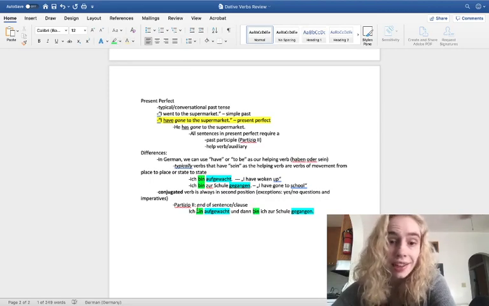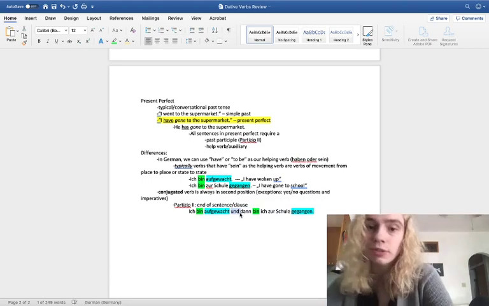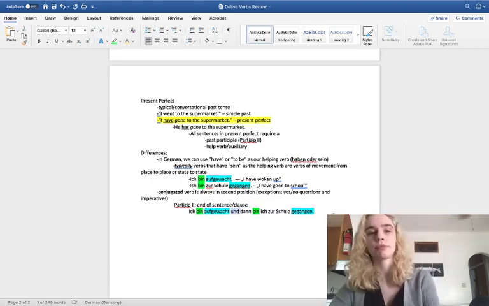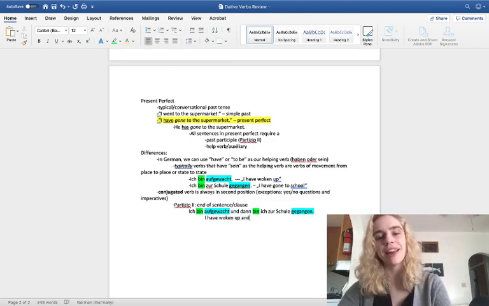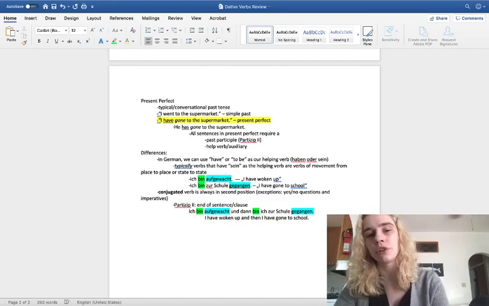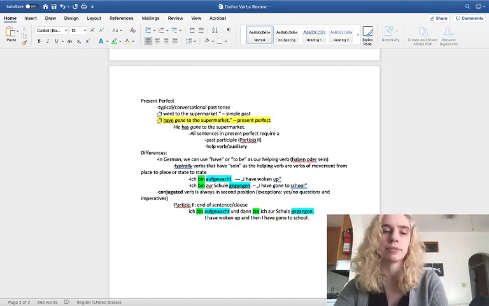So we have two clauses, and we've got this conjunction und between them. I have woken up and then I have gone to school. Or in conversational English, I woke up and I went to school.